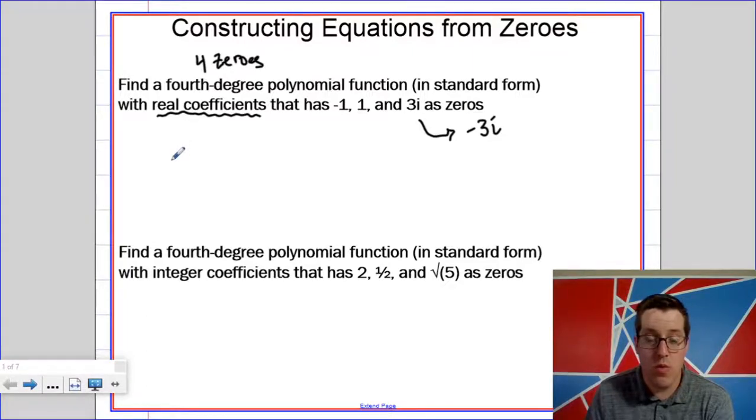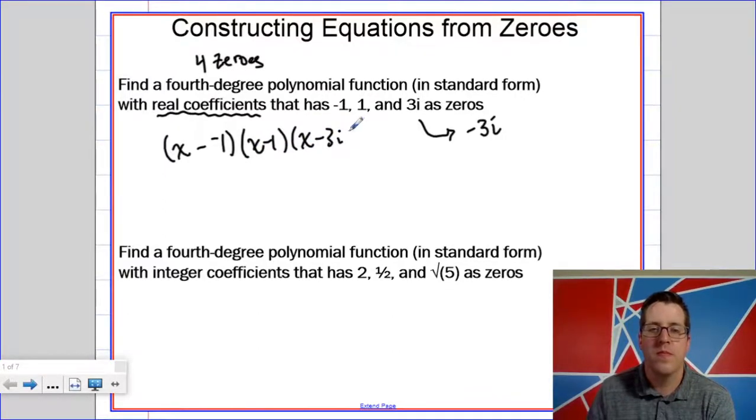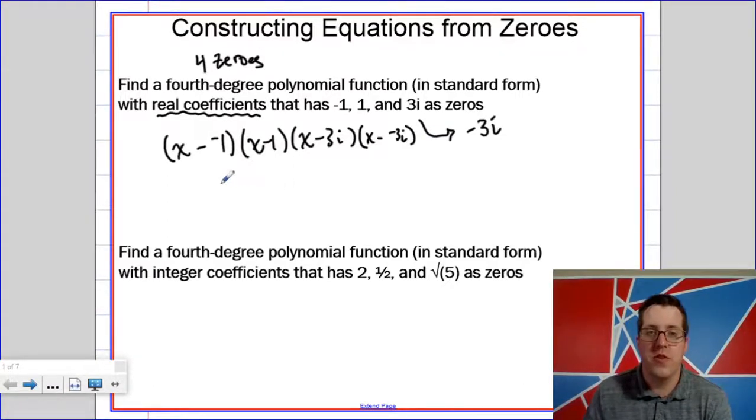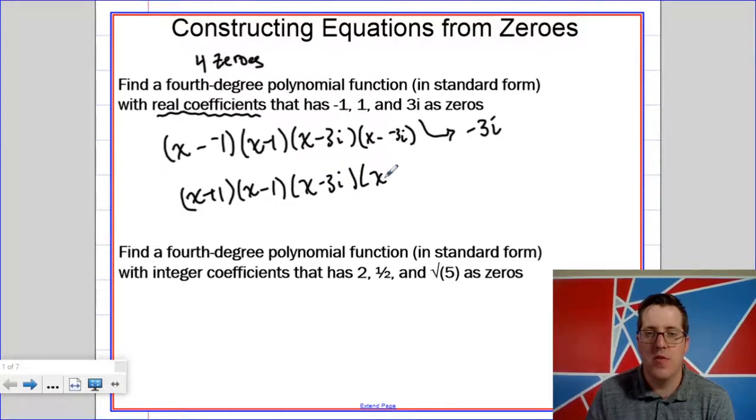Okay, so every 0 can be turned into a factor by writing it as x minus the 0. In practice, it is totally okay if you want to just write this as x plus 1 and x plus 3i.